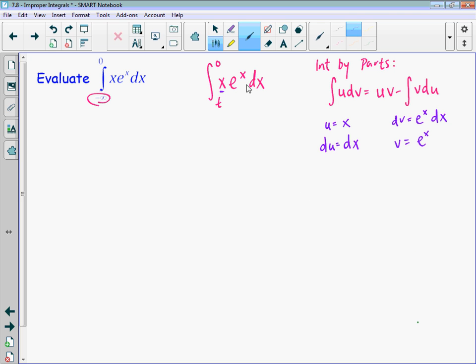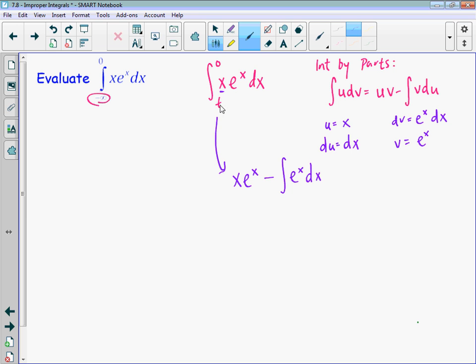So now when I'm doing this, it's going to turn into u times v, so x e to the x, minus the integral of v du, which is e to the x dx. And this is still going from t to 0, so I'm okay to leave that on there. But I'm just going to leave them off.